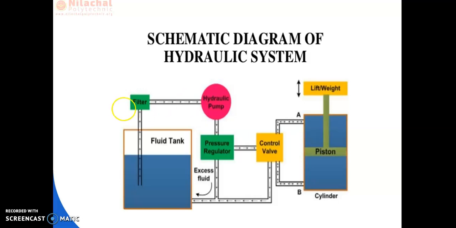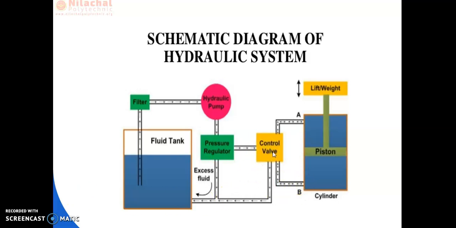The hydraulic pump increases the pressure, and the pressurized oil can be regulated using the pressure regulator, where we can decrease or increase the pressure of the oil before it enters the control valve.